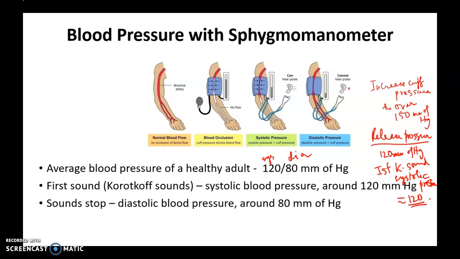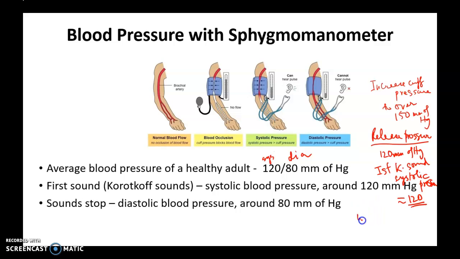Then you keep decreasing the pressure, so you come to 110, 100, 90, and as you slowly decrease the pressure, you should hear these Korotkov sounds for each ventricular systole.